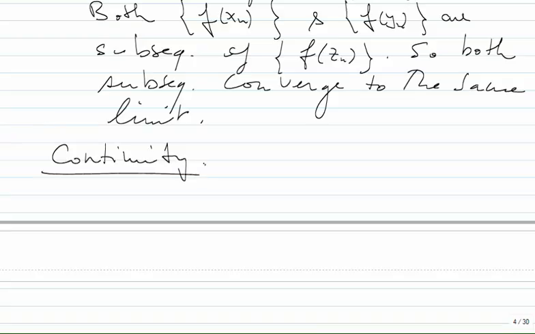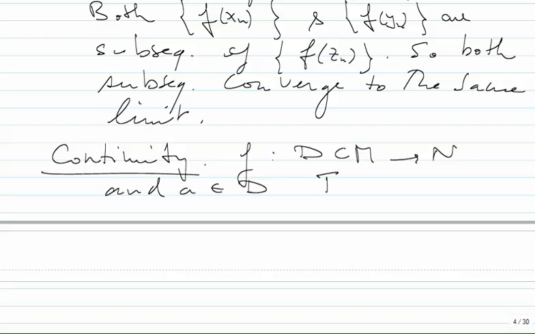Okay, so f is defined from D, a subset of M, into N, and a obviously is going to be in M, but in this case we have to be in the domain, otherwise we will not be able to say that the limit is equal to f of a.